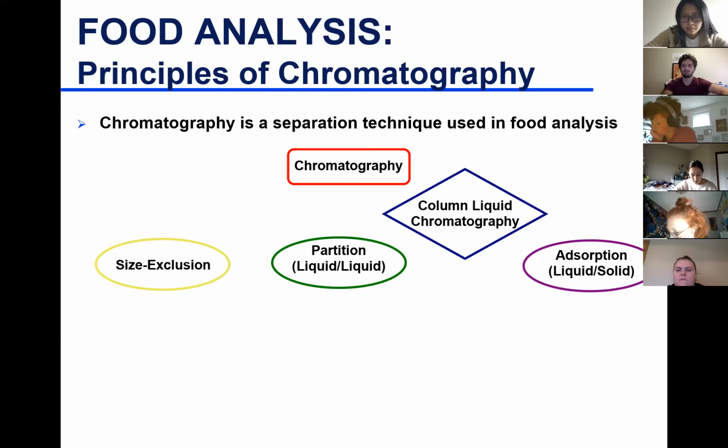Then you have partition chromatography in column liquid chromatography, where you have your inert solid covered with your stationary phase that is liquid, and your mobile phase is liquid. And then you have adsorption chromatography, where you have a solid stationary phase and a liquid mobile phase, and your compounds are adsorbing to the solid stationary phase.